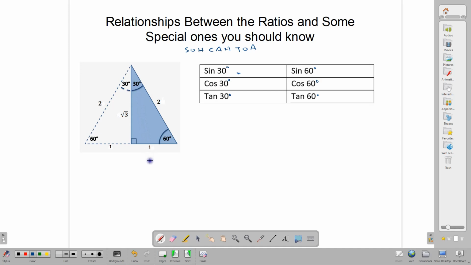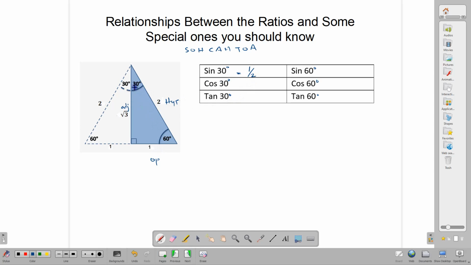And in relation to this 30, this side is adjacent. And this side over here, opposite from the right angle, is the hypotenuse. Let's use that to write it down for the 30-degree angle. So the sine of 30 would be opposite over hypotenuse, which gives us 1 over 2.